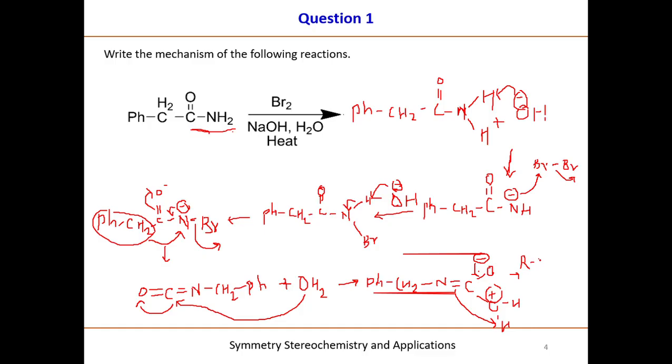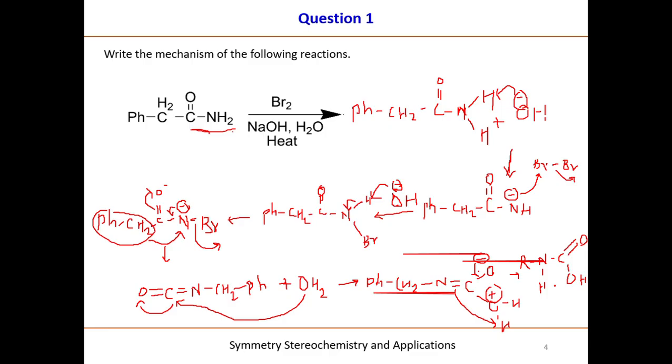So just understand R is nothing but the phenyl and CH2 group, and this is NH which I have written here, and then this carbon will have a C double bond O here and COH here, correct? So this is nothing but the carbamic acid formation that takes place in the third step.